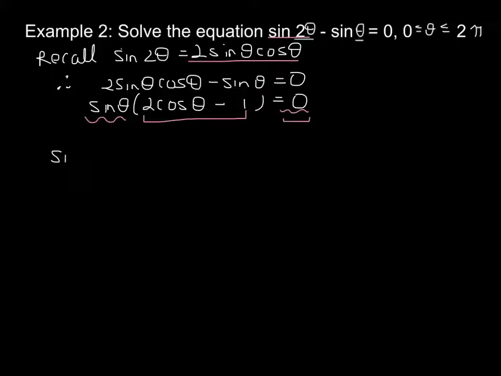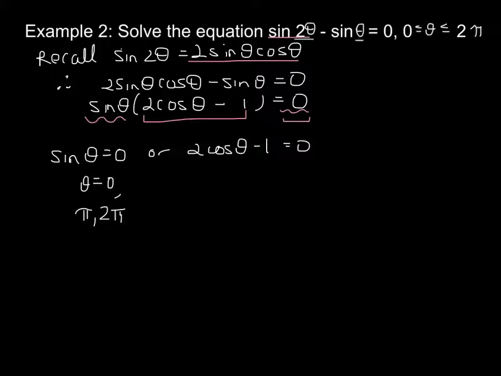Sine theta equals 0 in that domain that we want. We're pretty much familiar with answers for this. So theta equals 0 or pi or 2 pi. You can always graph to remind yourself of those, or look at the unit circle as well.